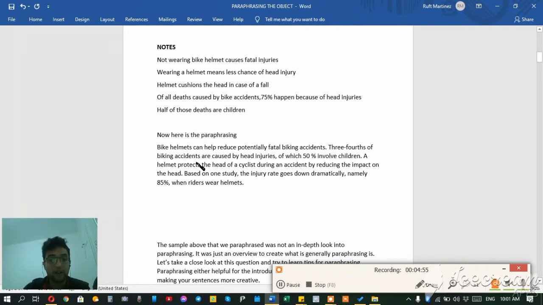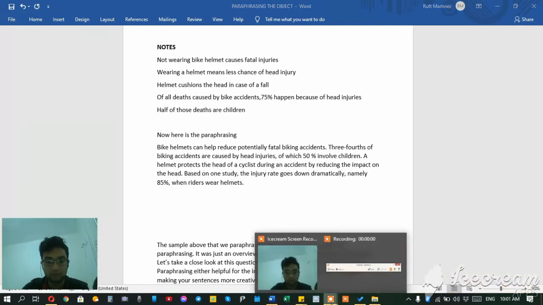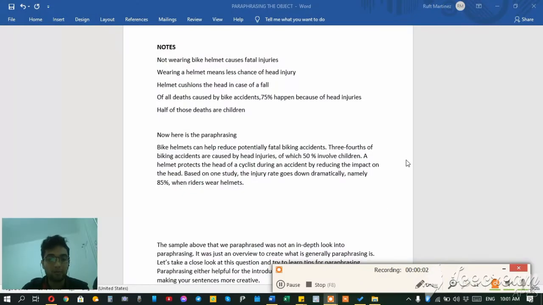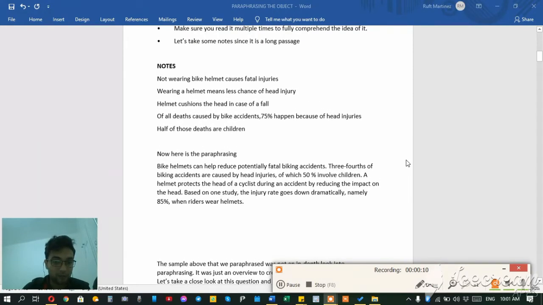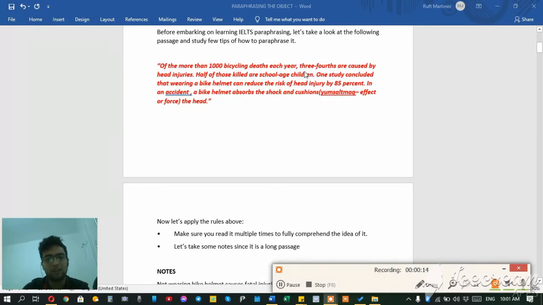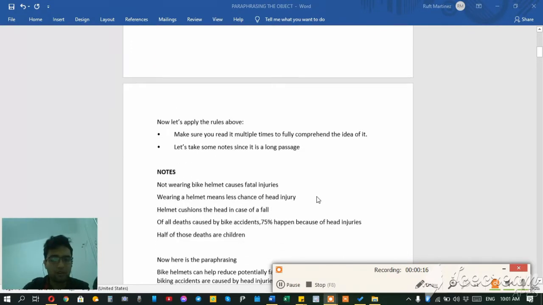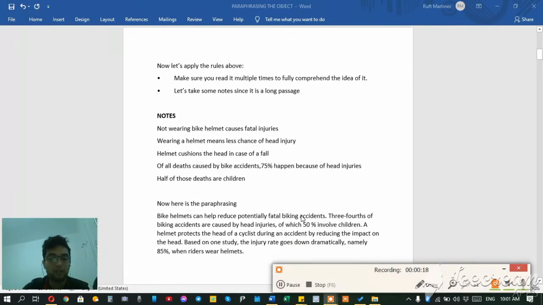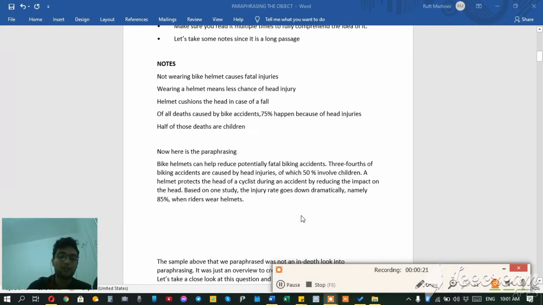So here is how we paraphrase it. It says helmets can help reduce potentially fatal, or fatal it can sound, biking accidents. Okay, that doesn't mean that I have to do it in the order that it shows. I'm just writing my own thoughts. This is actually something from the TOEFL exam.